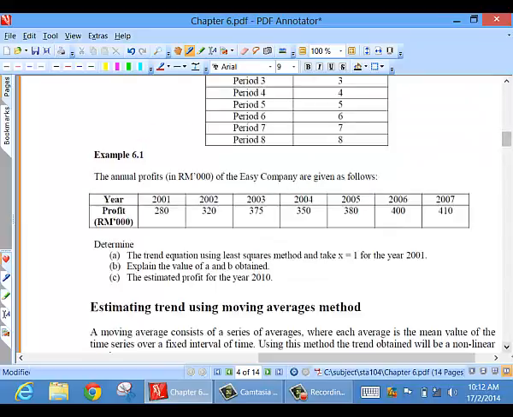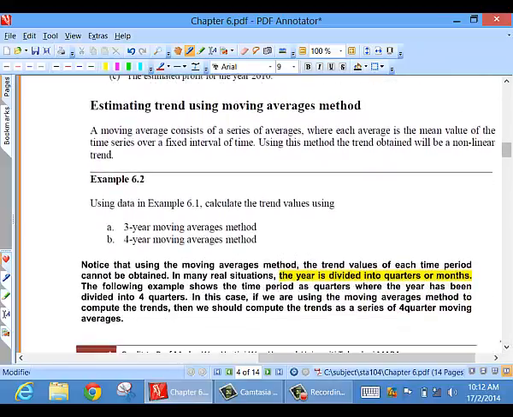Now, estimating trend using the moving average method. Moving average consists of a series of averages, where the average is the mean value of the time series over a fixed interval of time. So we are going to find the average of the values with respect to time.